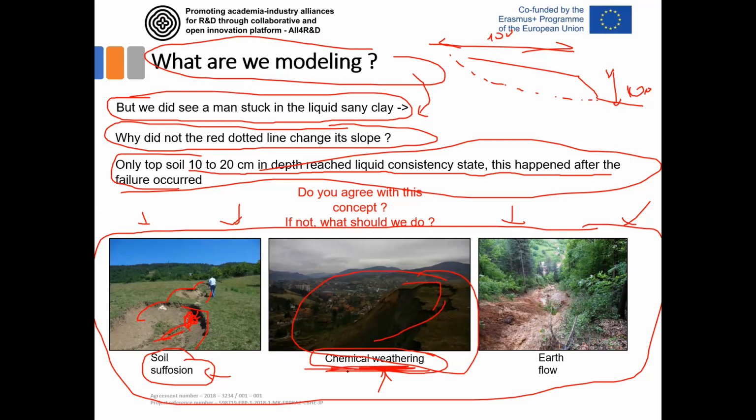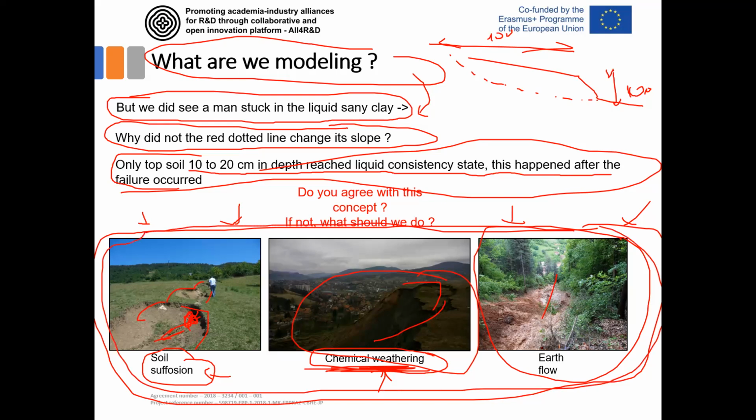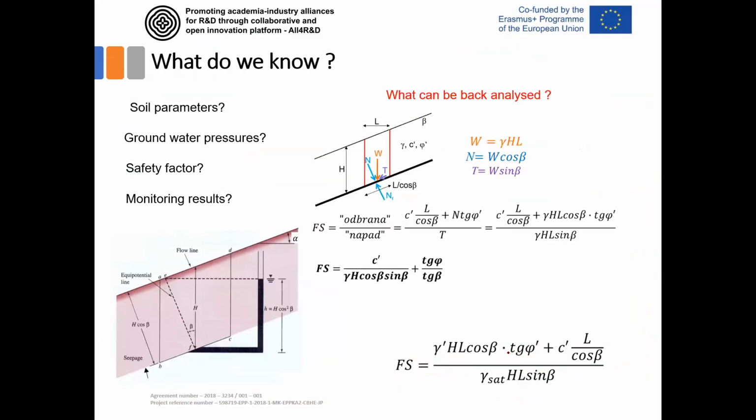That's due to chemical weathering. Also, the third part is earth flow. Earth flow is actually a surface erosion that brings the surface material down the hill and causes a totally different thing than the deep-seated landslide that we are concentrated on and what we are actually discussing all the time.